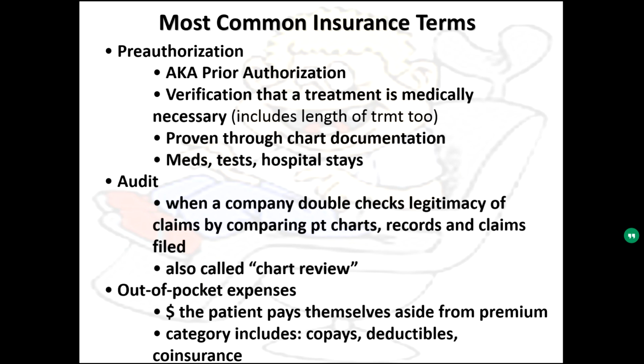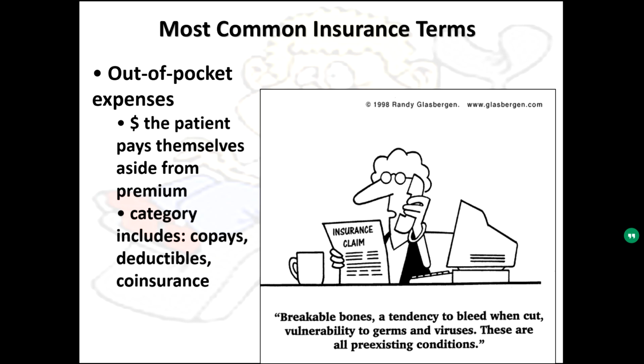So if we go back to that car example, your premium is your monthly payment, and your out-of-pocket expenses to have that car are gas, tires, windshield wipers, floor mats, oil changes, tire rotations, stuff like that. So in the insurance world, out-of-pocket expenses are copays, deductibles, and coinsurance. It's money that the patient will pay out of their own pocket in addition to the premium.